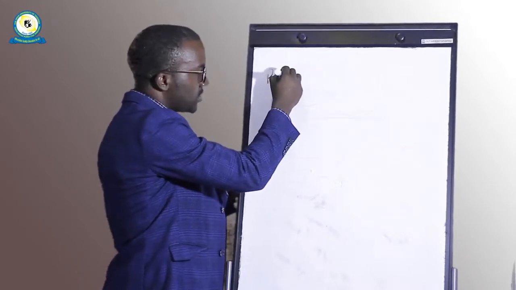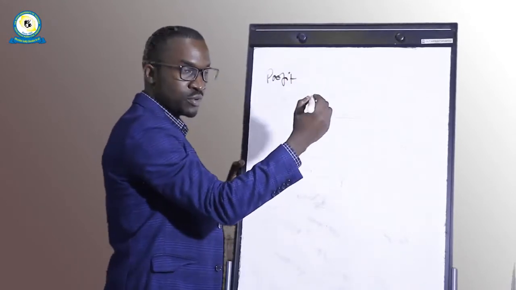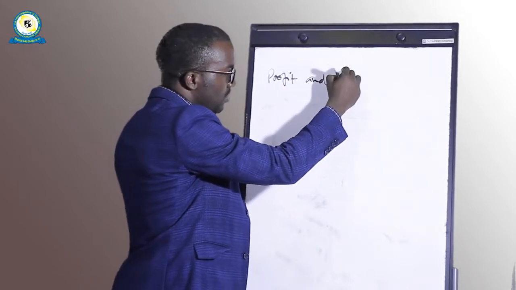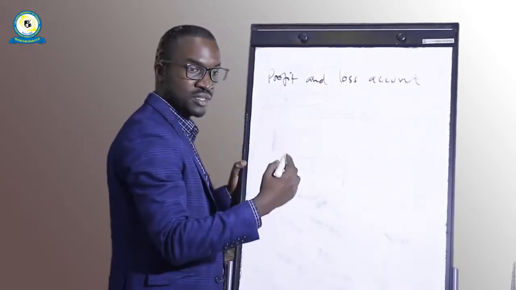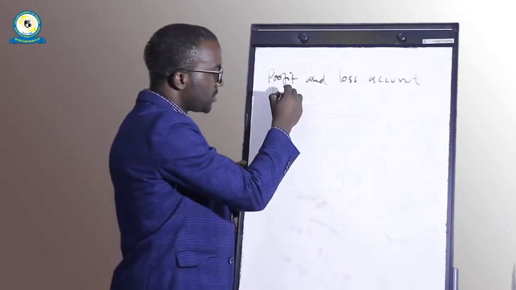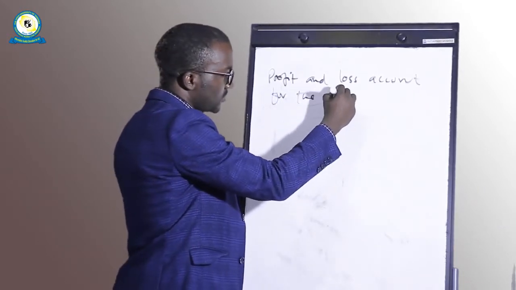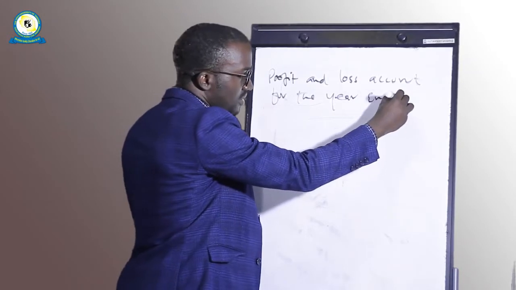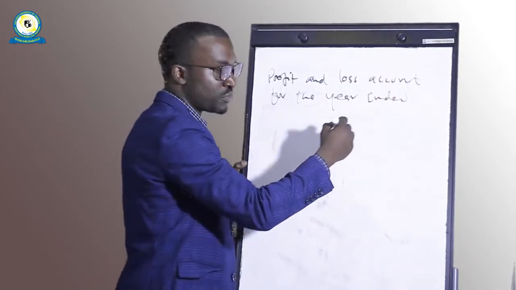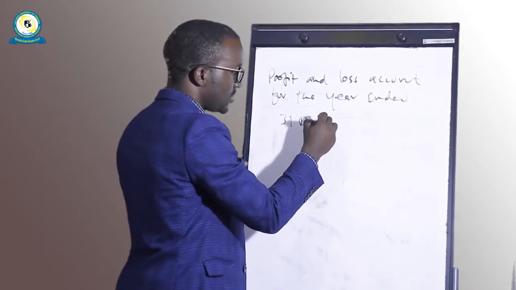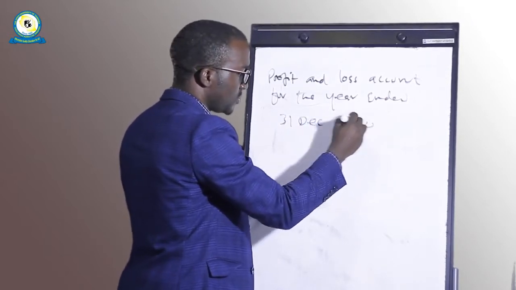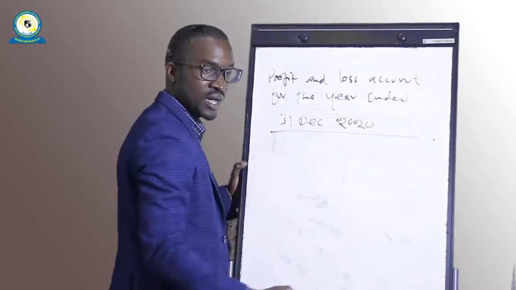To start with, this is the profit and loss account. Remember, I'm saying this is an extract, profit and loss account for the year ended 31st December 2020. So an extract.